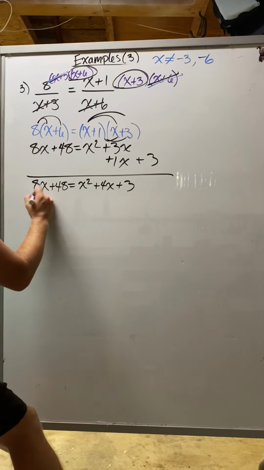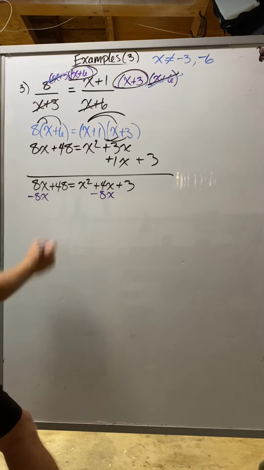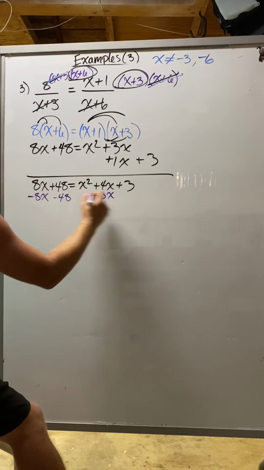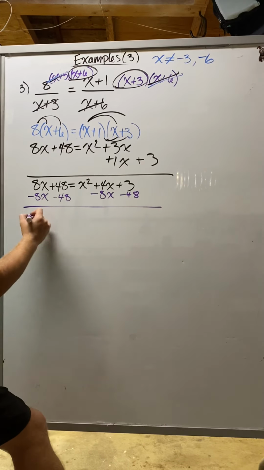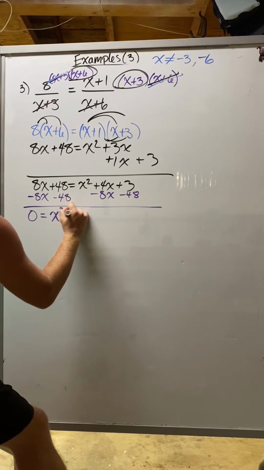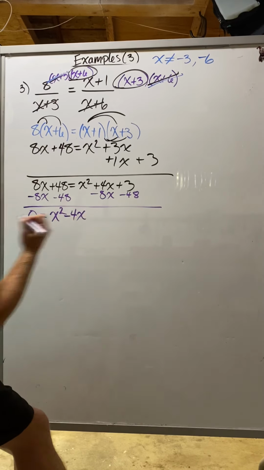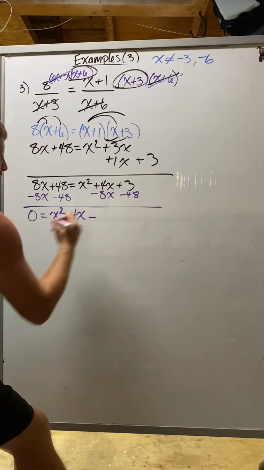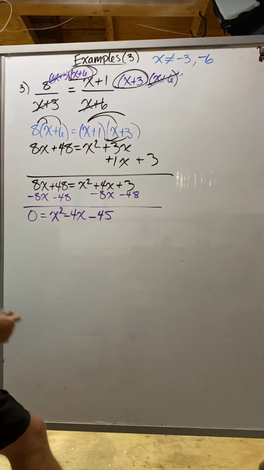So I'm going to move the 8x. And I'm going to move the 48. Both of them with subtraction. That will give me a 0 here, which I wanted. It'll give me an x squared, which I already had. It'll give me a negative 4x. And it will give me a positive 3, a negative 48, a negative 45.